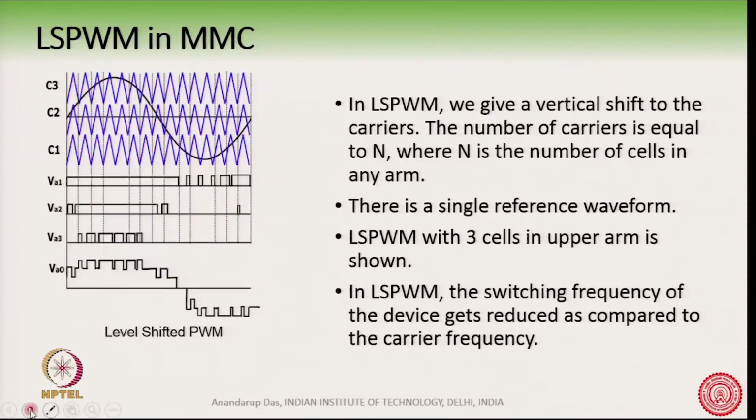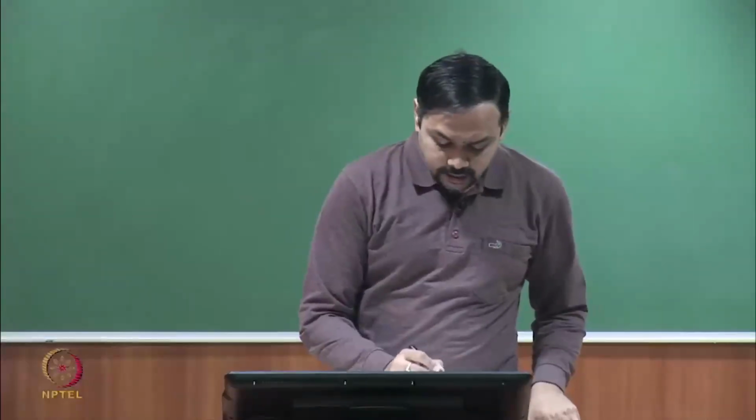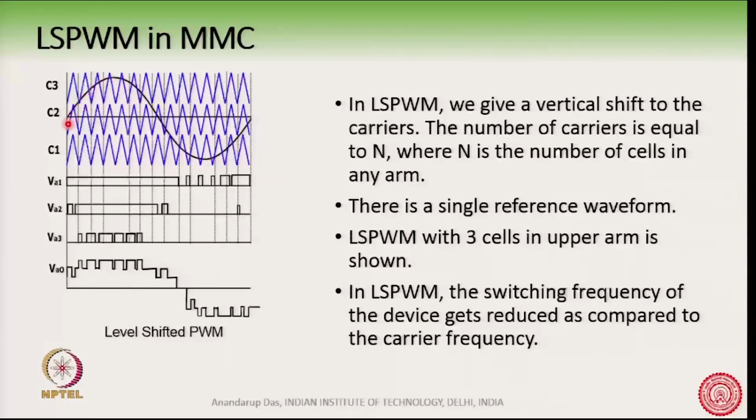Now, what happens in level shift PWM? Exactly the same, but here what we give is a vertical shift to the carriers. Okay. So, for the level shift PWM, there is one reference waveform which we will use for switching all the cells.